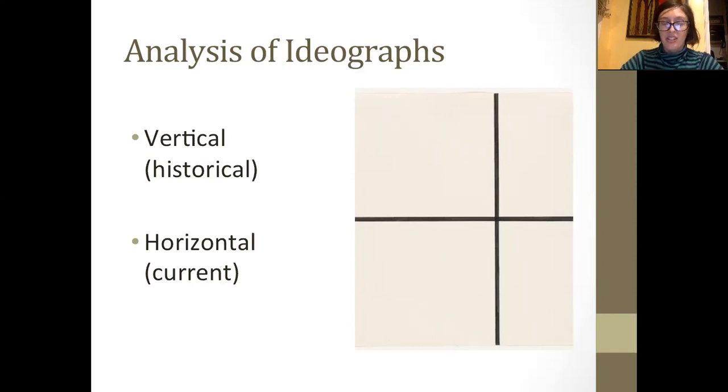Another example of this, a really new ideograph, could be Make America Great Again, or even Obama's Hope or Change. Okay, so let's stick with Make America Great Again because it's hard sometimes to see when an ideograph is being formed, but that's one that's still pretty new.